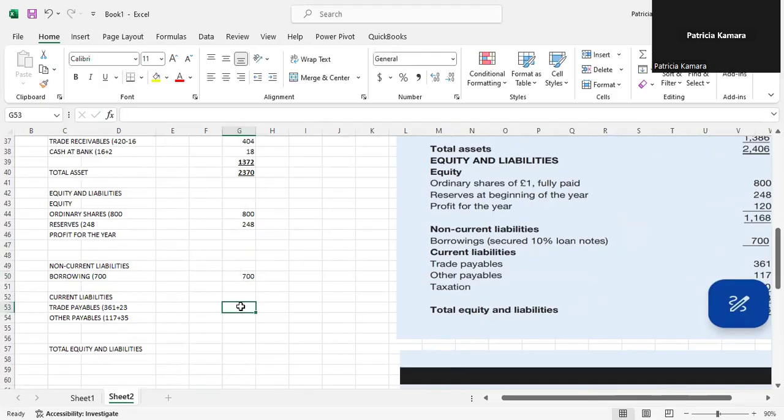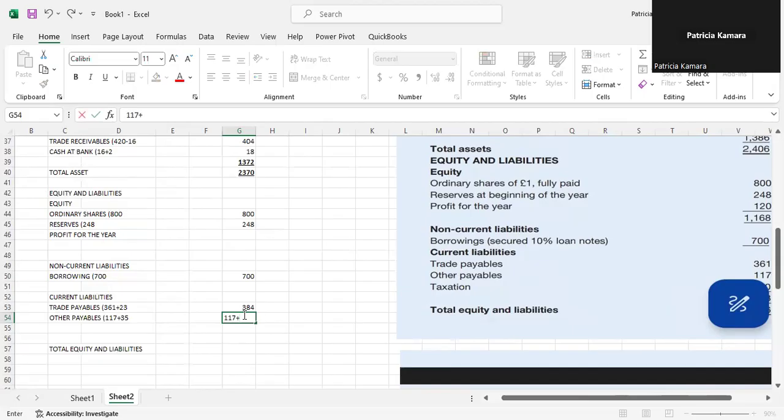And then trade payable. Remember our trade payable that wasn't recorded was 23. So we have to add it to how much we are expected to pay. That will give us 384.